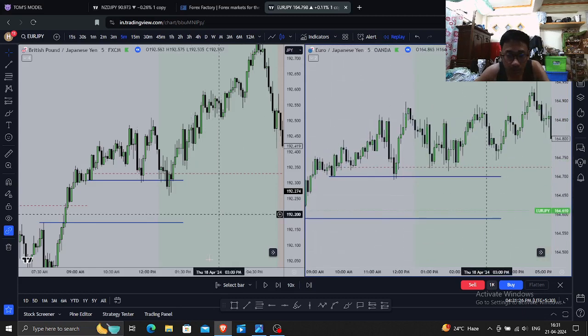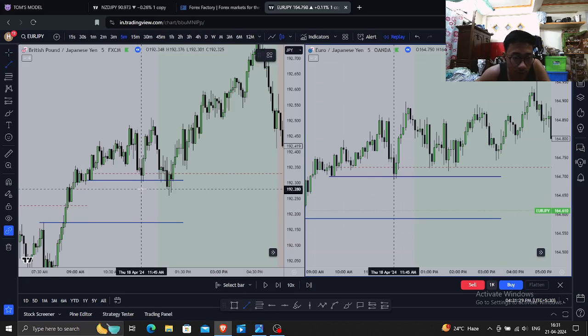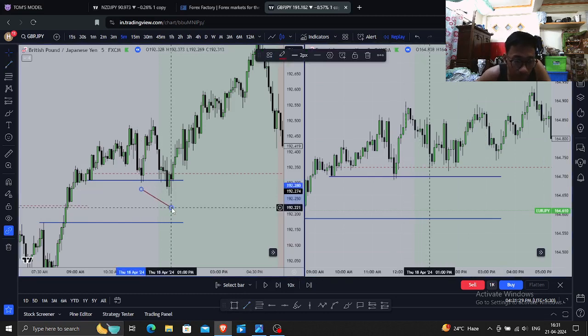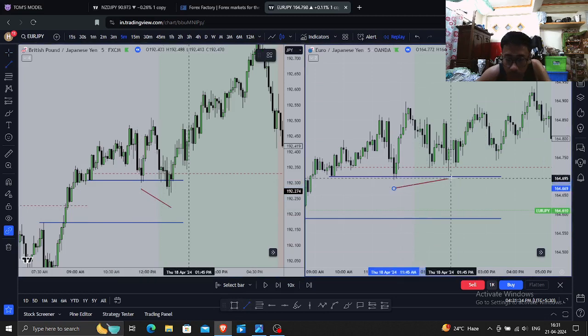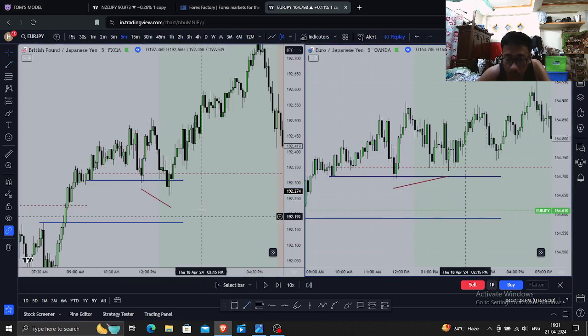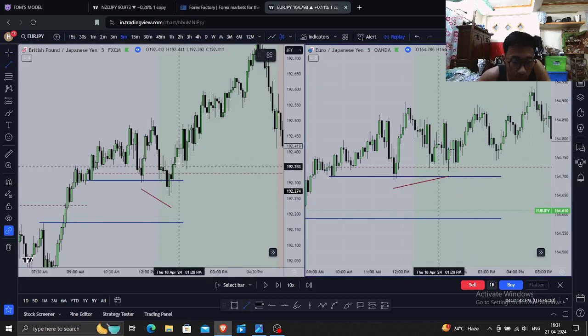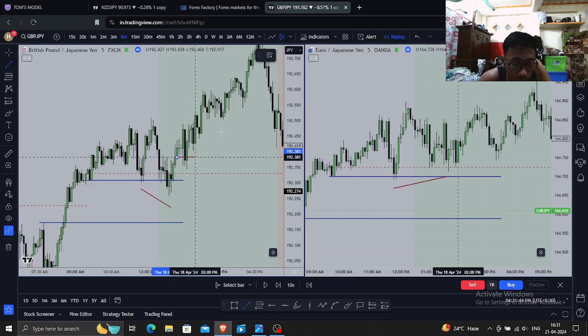So here we have clearly again SMT divergence here. SMT divergence here we have, and we have a fair value gap forming here.